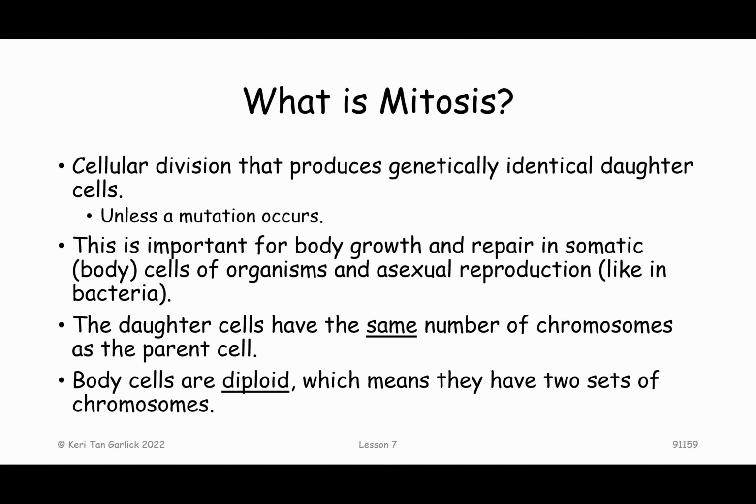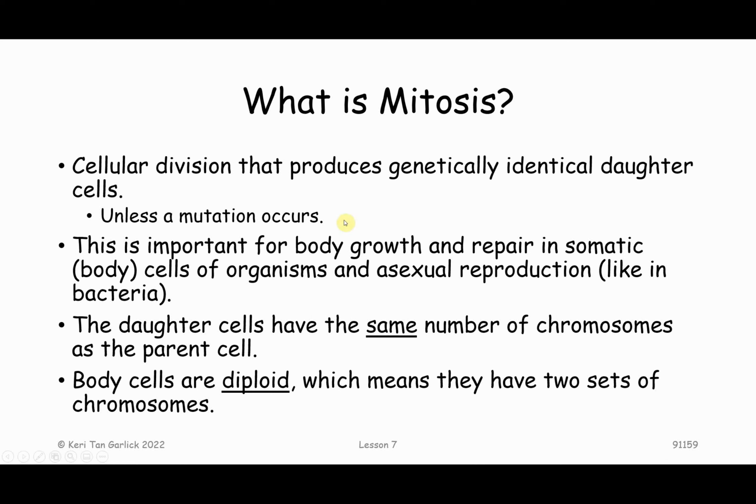Body cells are also known as being diploid, because that means that they have 2 sets of chromosomes. What else did I want to add about that? With this mutation material, about how it's going to be genetically identical with the exception of mutations, these mutations are really important in a sense of context. If you have a mutation in a somatic or body cell, it only affects the daughter cells of that.